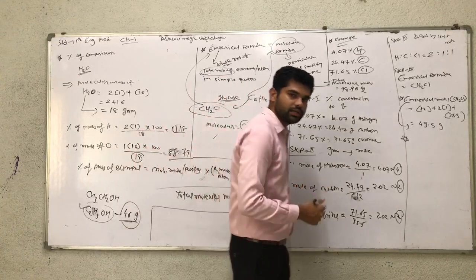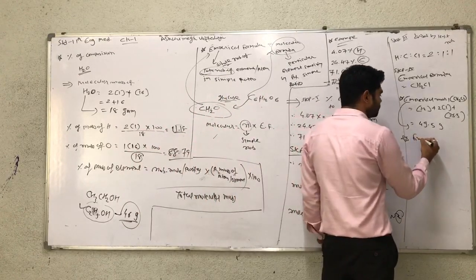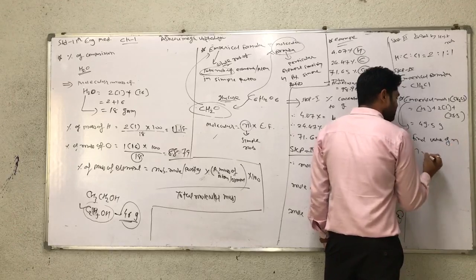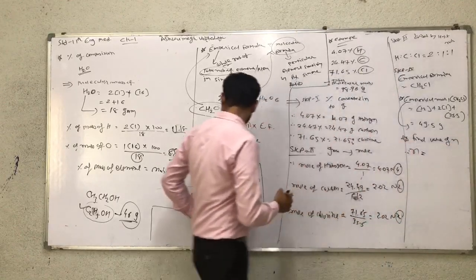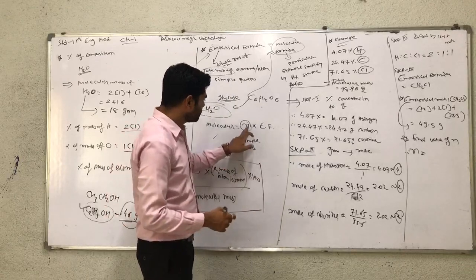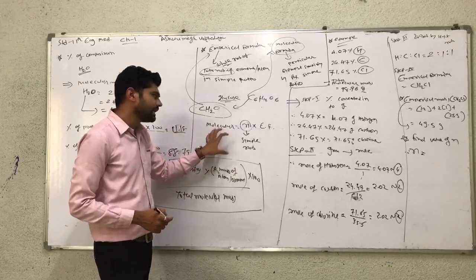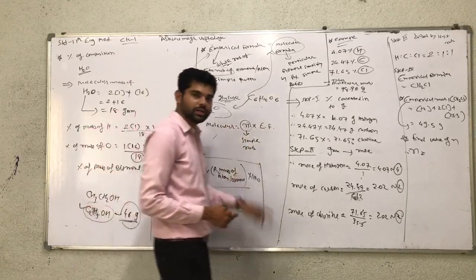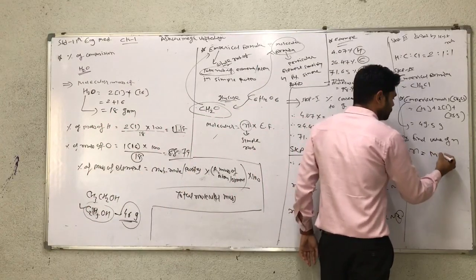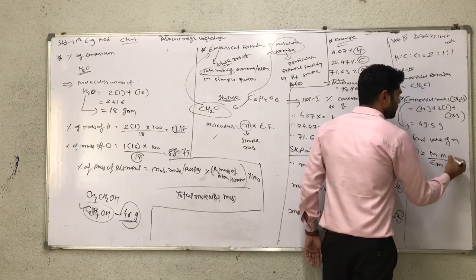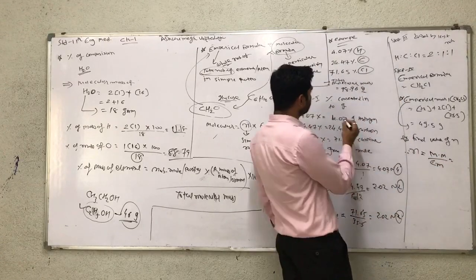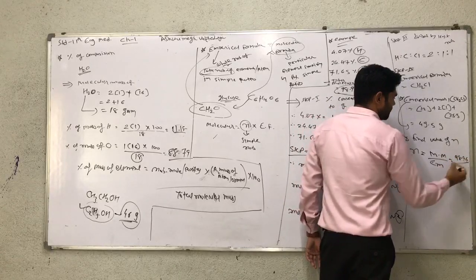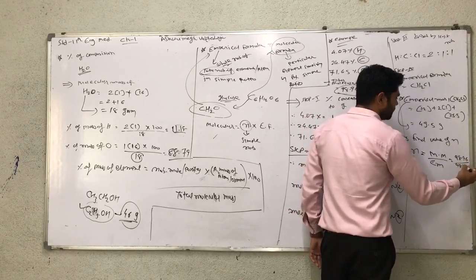Next step, find the value of n, the simple number. So n is equal to which? n is equal to molecular mass divided by empirical mass. Molecular mass we are given is 98.96, divided by the empirical mass 49.5.